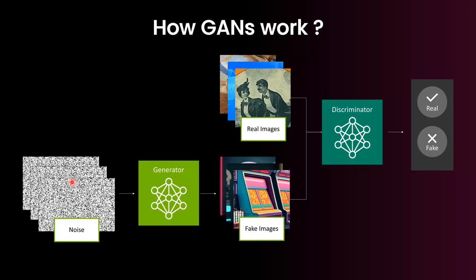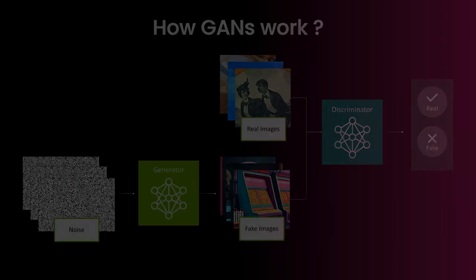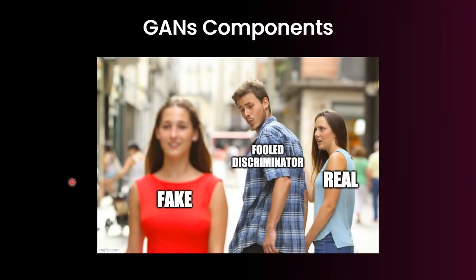This is the adversarial process, where each of the components is trying to fool the other. So this is the war between GAN components. By the end, the discriminator is fooled, actually.